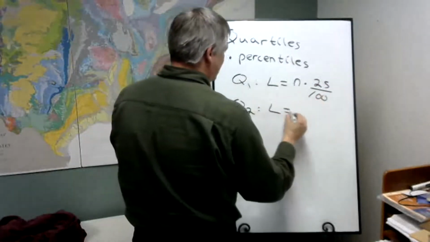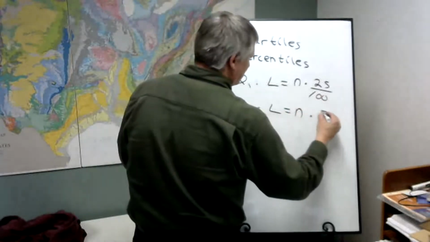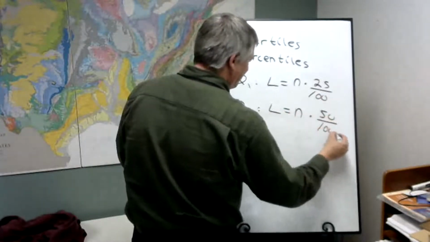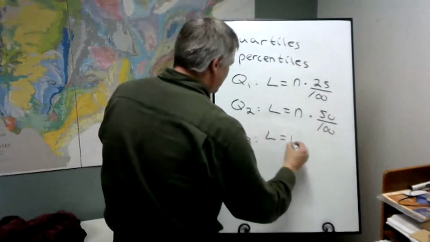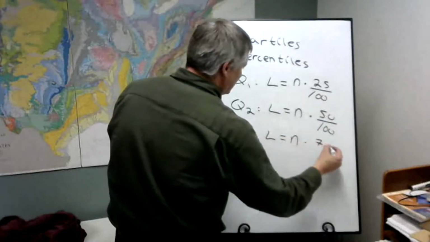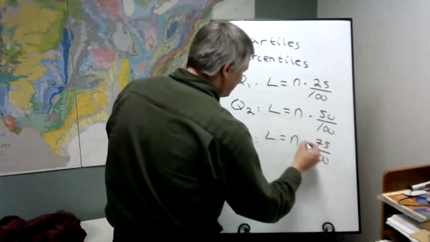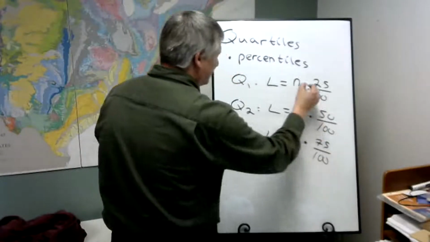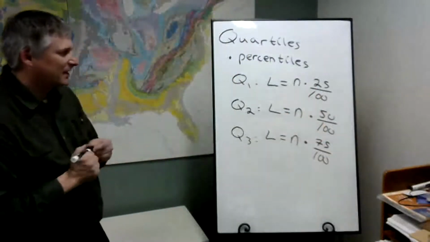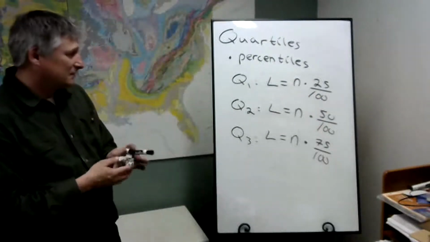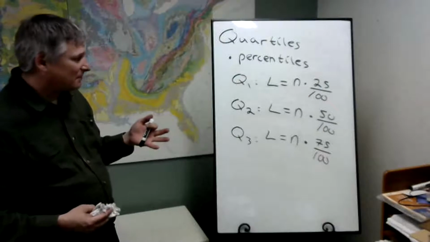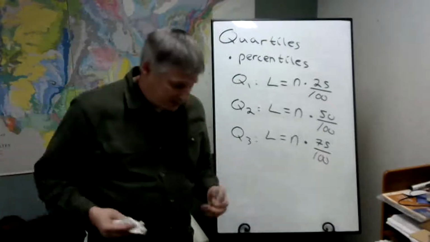For Q2, the L value is n times 50 over 100. And then for Q3, the L value is n times 75 over 100. And then you've got to handle the L values appropriately.